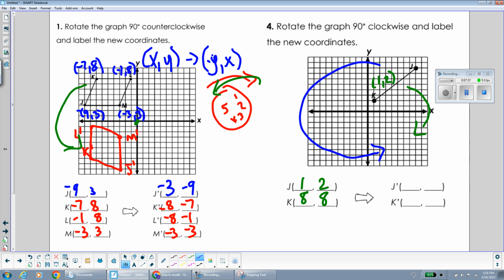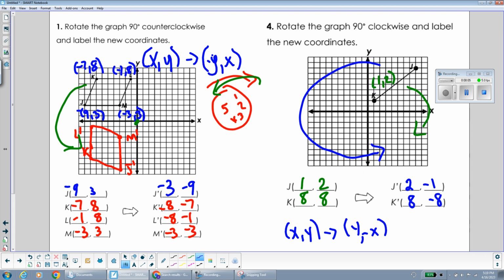And my rule is that my original coordinate becomes that. So the order switches and the original x coordinate becomes the different sign.